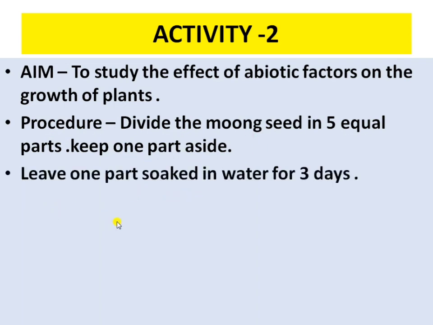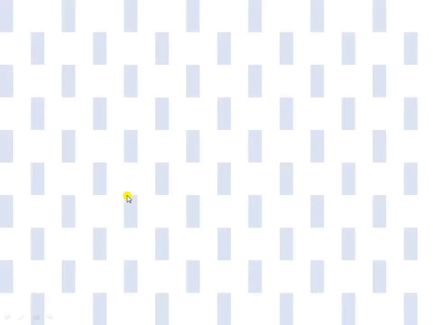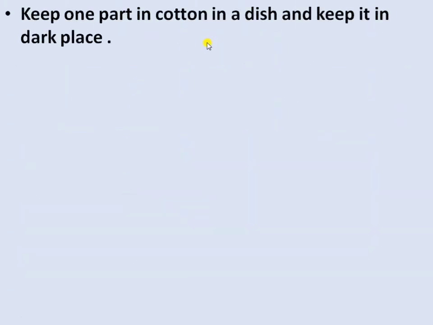Next, leave one part soaked in water for 3 to 4 days. Next, place one part on moist cotton in a dish and keep it in a sunny place. Next, keep one part on cotton in a dish in a dark place such as a cupboard.